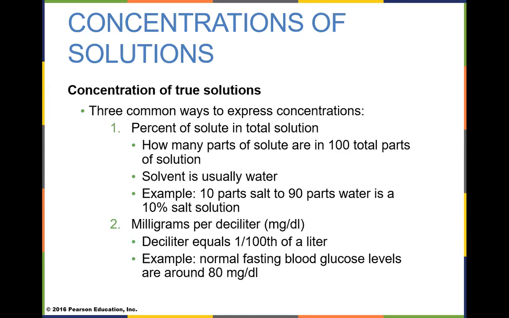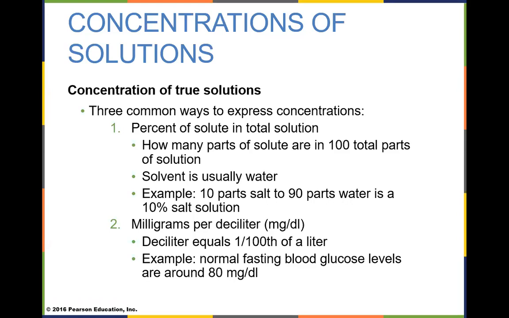One of the experiments we occasionally do involves a 40% glucose solution. So we mix up 400 grams of glucose in a liter of water, and now we have 40% glucose. It's very easy to process and understand. You don't have to do a lot of calculations if you make up a solution like that, other than measure out the solute, the salt or the sugar or whatever.